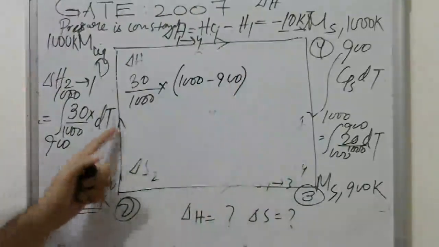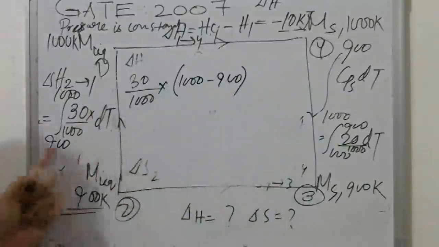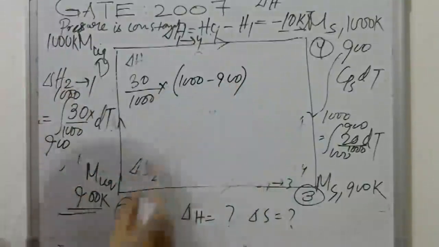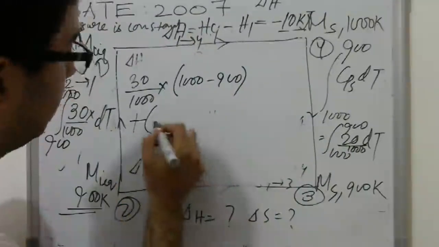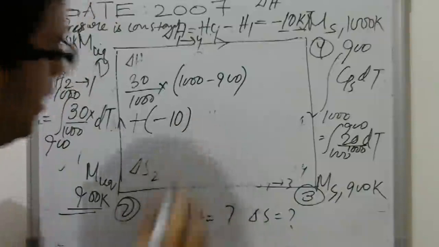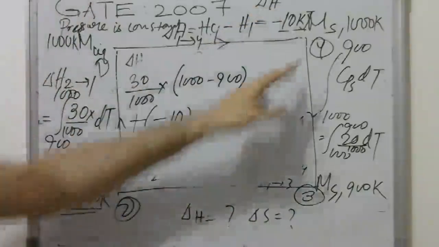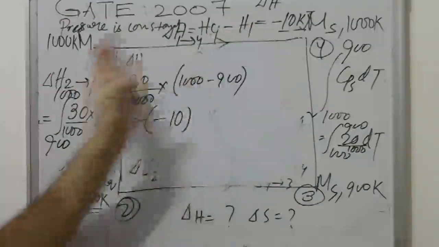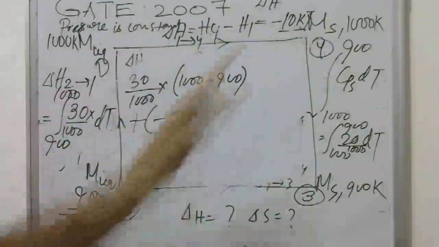Integration dt is t. So t, 900 to 1000, 1000 minus 900. Okay? Plus minus 10. Right? So the delta H is negative, so plus minus 10. This is for the enthalpy of fusion, for liquid to solid transformation.